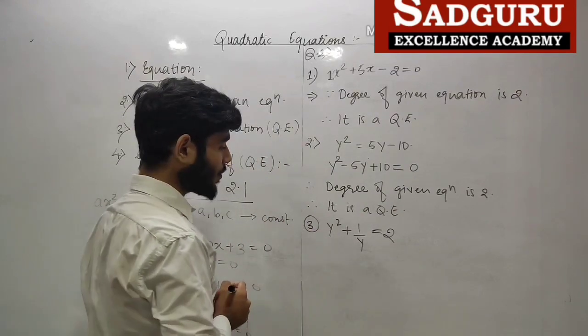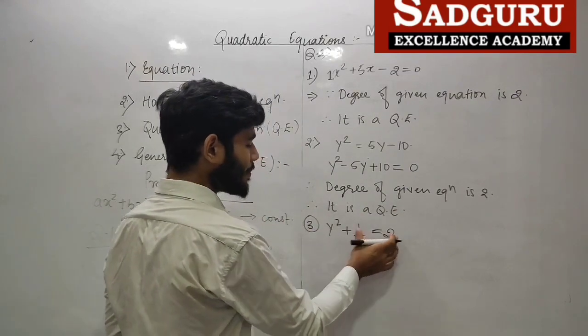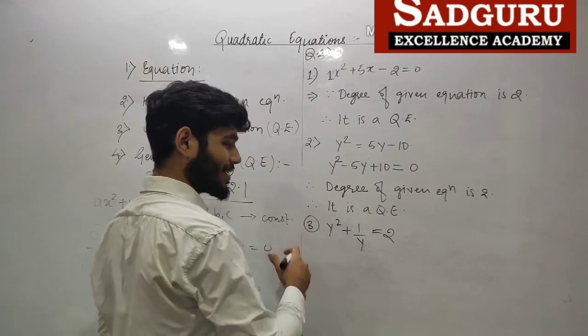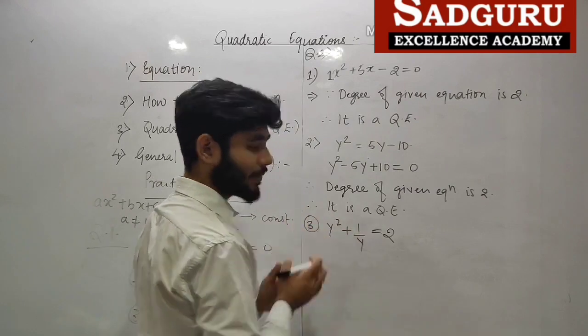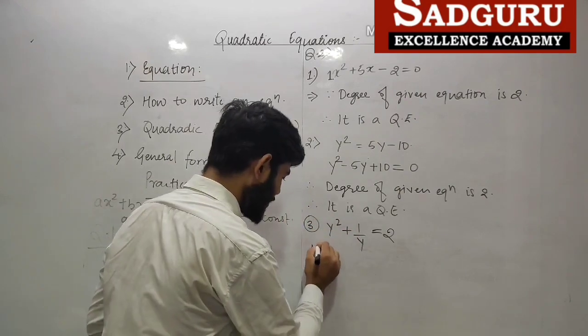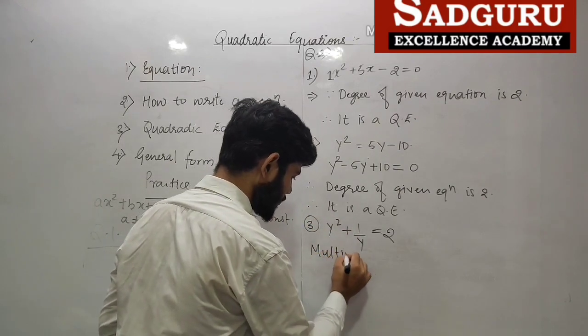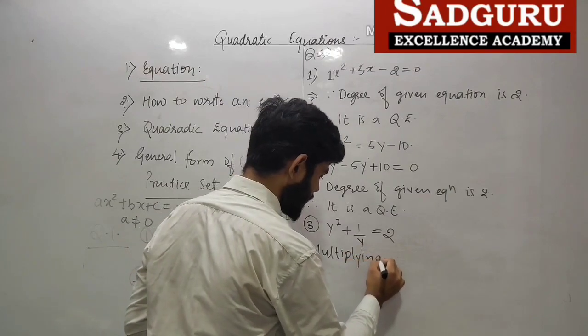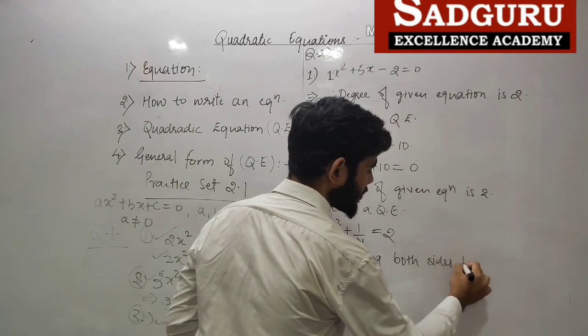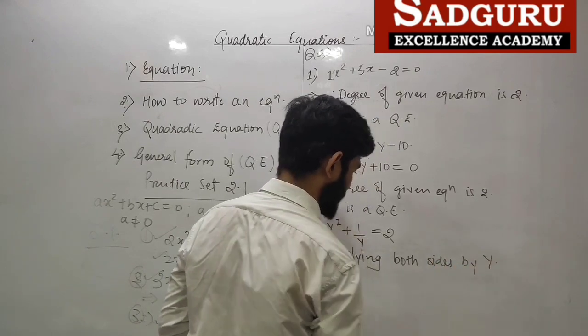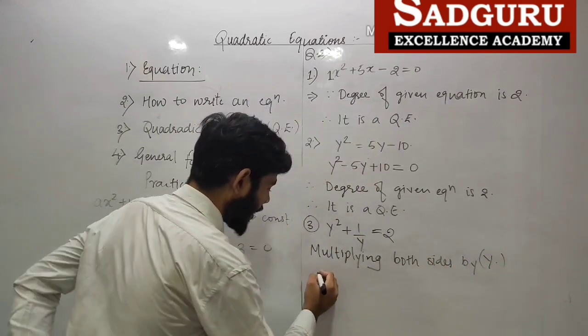How to convert this into general form? We can multiply the whole equation, LHS and RHS, by y, because we want to eliminate this y in the denominator. So multiplying both sides by y.